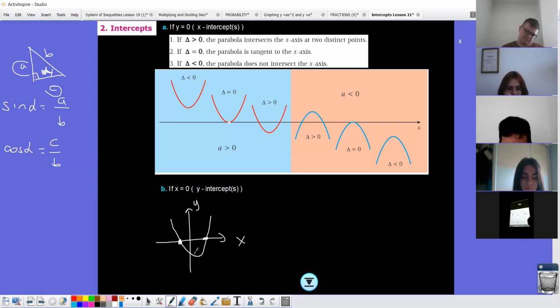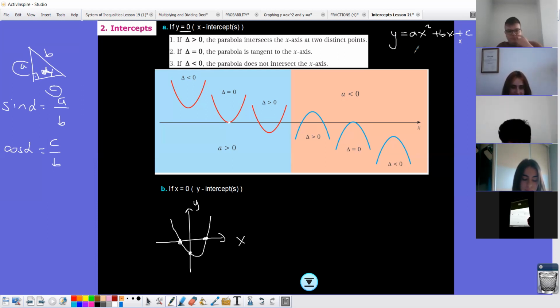This point is called the y-intercept. So to find the x-intercept, instead of y, I am putting 0 in the function, because our function is ax squared plus bx plus c. This is the general form of the quadratic function.